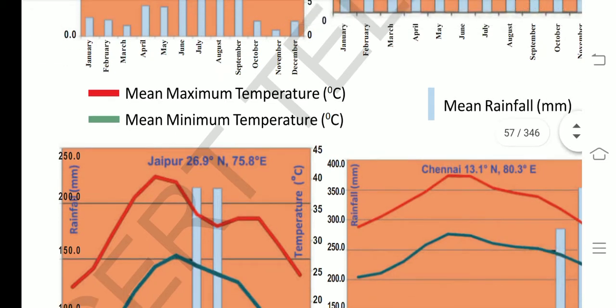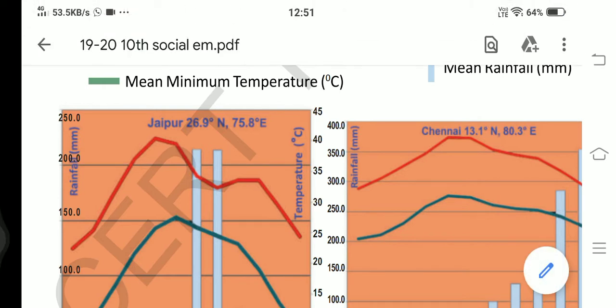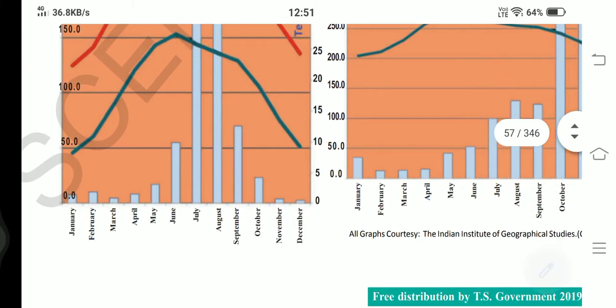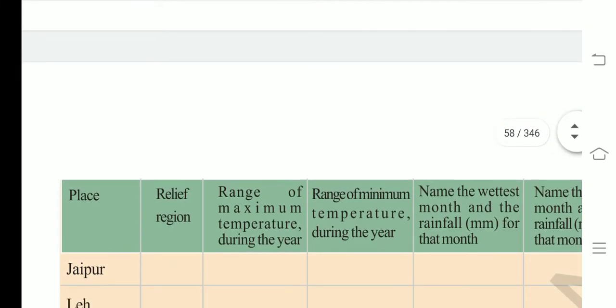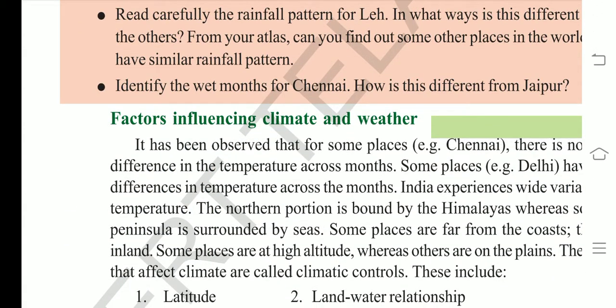Whereas lighter areas where snowfall is there will reflect it into space. As Jaipur, a desert area in the western part of Rajasthan, is covered with sand, high temperatures are recorded there. So these are the four factors, my dear students, which influence the climate of a place.